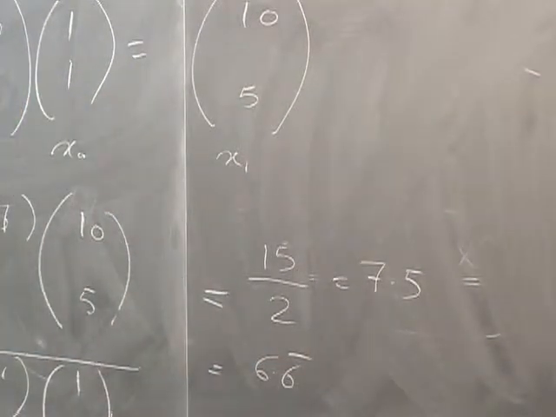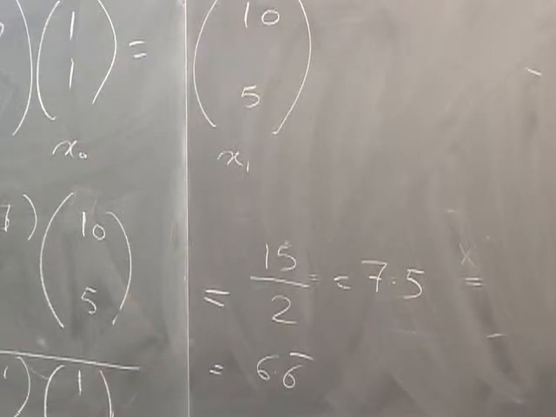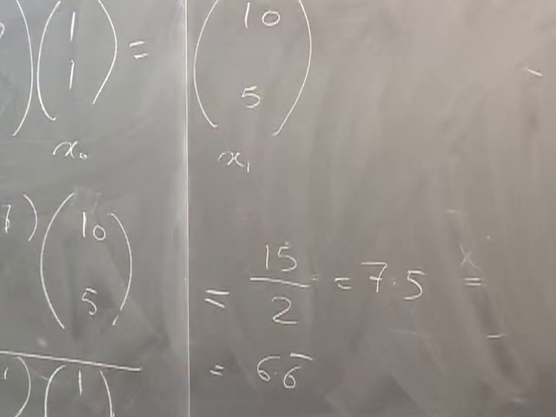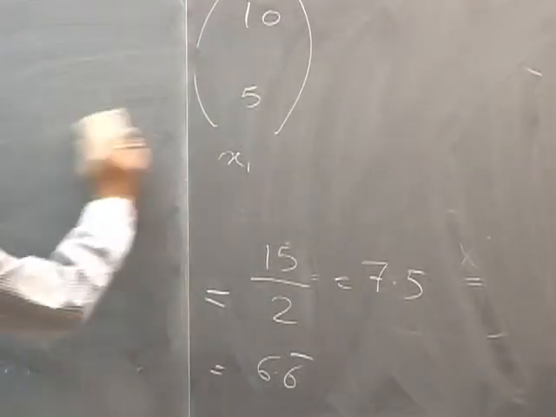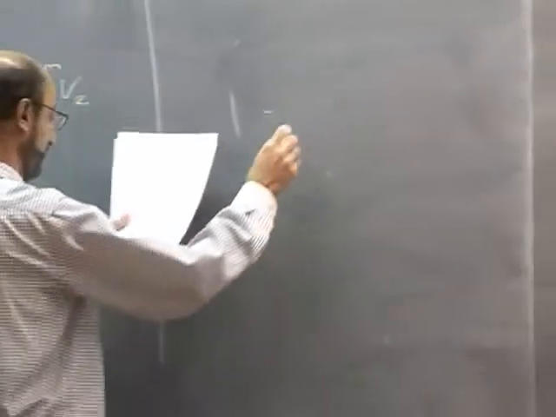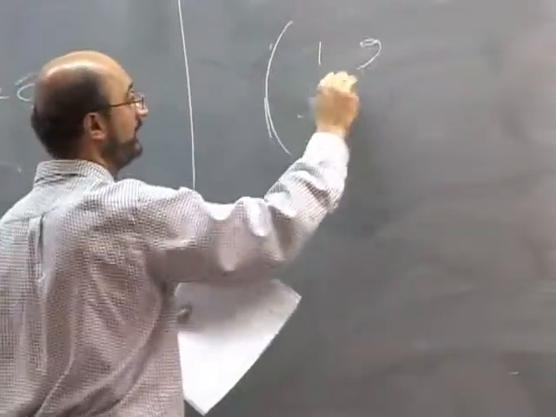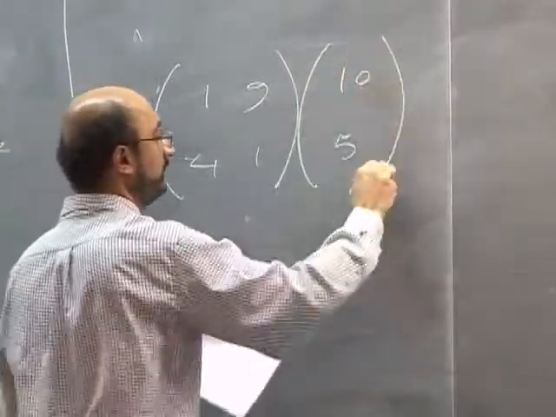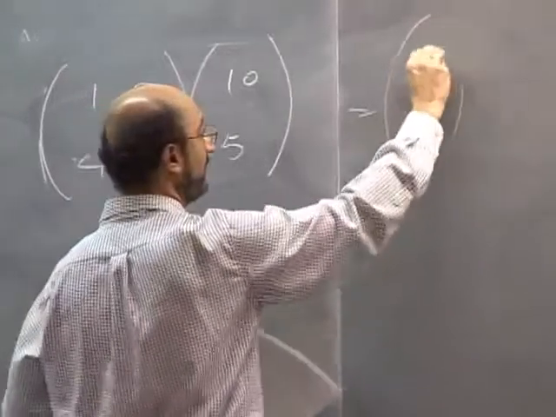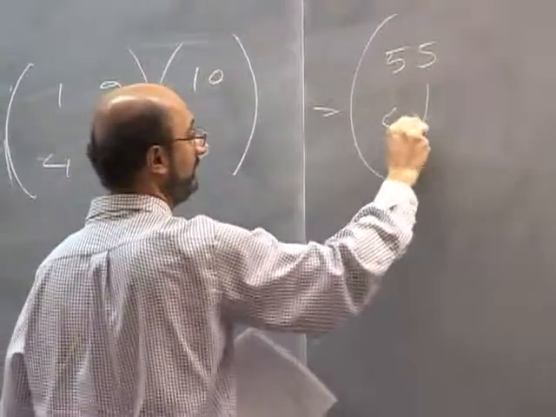Okay? And in the interest of time, I'm not going to do it, but it's basically taking 10, 5 and doing it. Well, maybe I'll just show you what happens in the next step. It's really pretty easy to do. In the next step, we are saying 1, 9, 4, 1 applied to 10, 5 is going to be 55, 45.